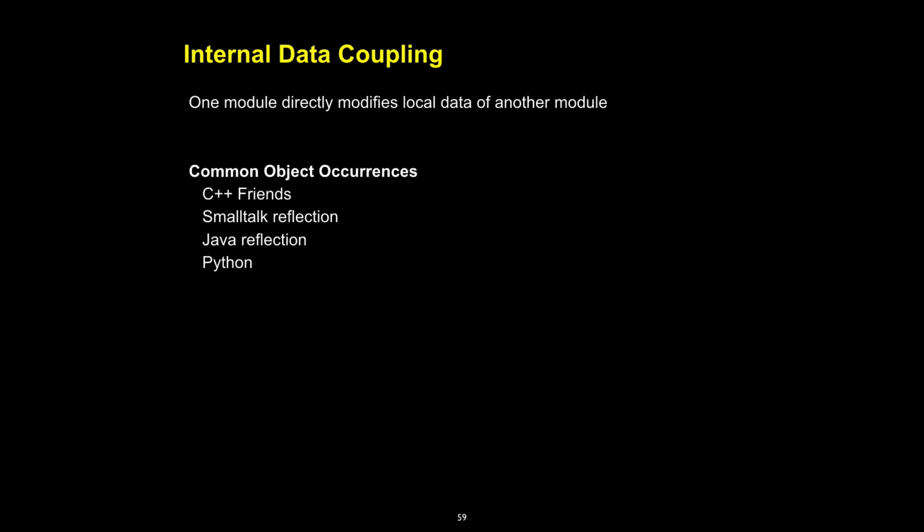Both Smalltalk and Java have reflection, where you can actually access and modify the private fields of this class. And then, of course, there's Python. There is a hack Python programmers use to try and make their fields private. But ordinary fields can be accessed anywhere.